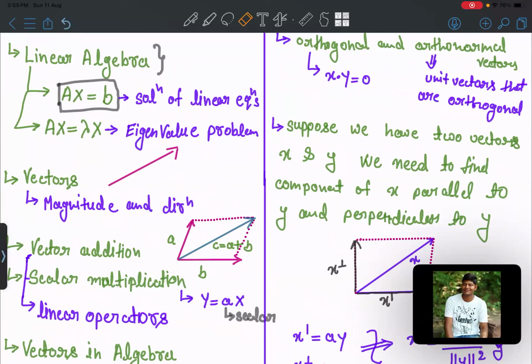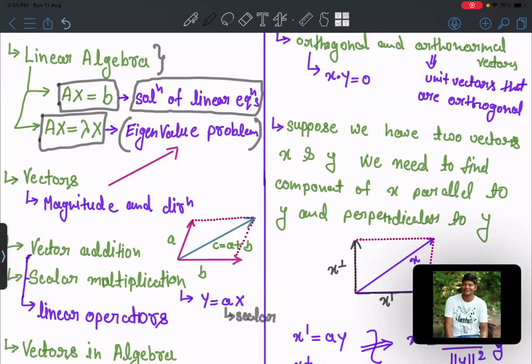This type of problem arises when we wish to solve linear equations, simultaneous linear equations. And the second type of problem that will be solved is AX equal to lambda x problem. That is known as eigenvalue problem.